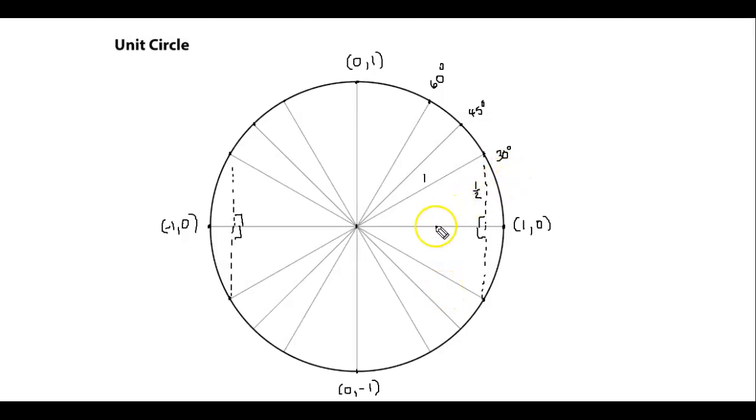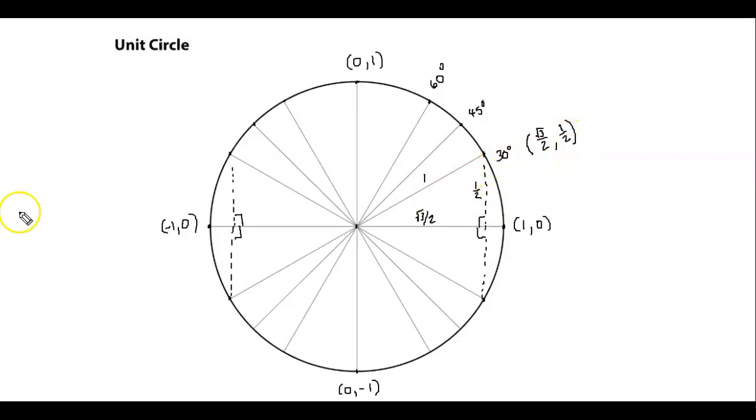To get the long side, we multiply the short side times the square root of 3, so that gives me the square root of 3 over 2. So I know all three sides of that special right triangle. The coordinate of this point is square root of 3 over 2, 1/2. And so I know that the cosine of 30 degrees is square root of 3 over 2, and the sine of 30 degrees is 1/2.